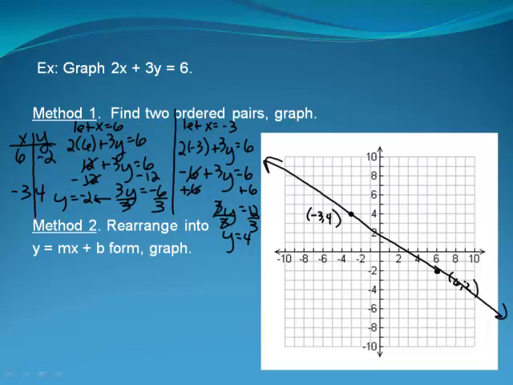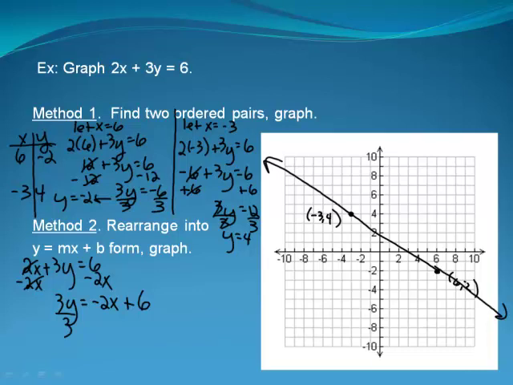We're going to take the equation 2x plus 3y equals 6, and we're going to rearrange it and get it in slope-intercept form. So subtract 2x from both sides. That gives us 3y equals negative 2x plus 6. I decided to write my x term first, carry the sign.